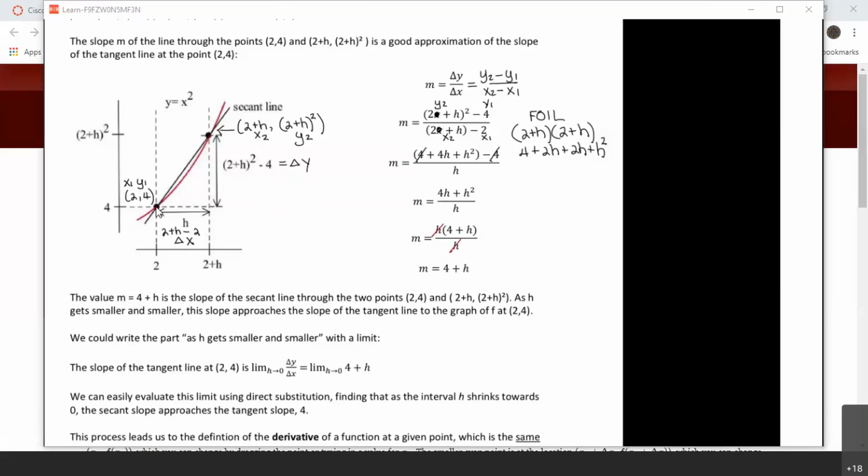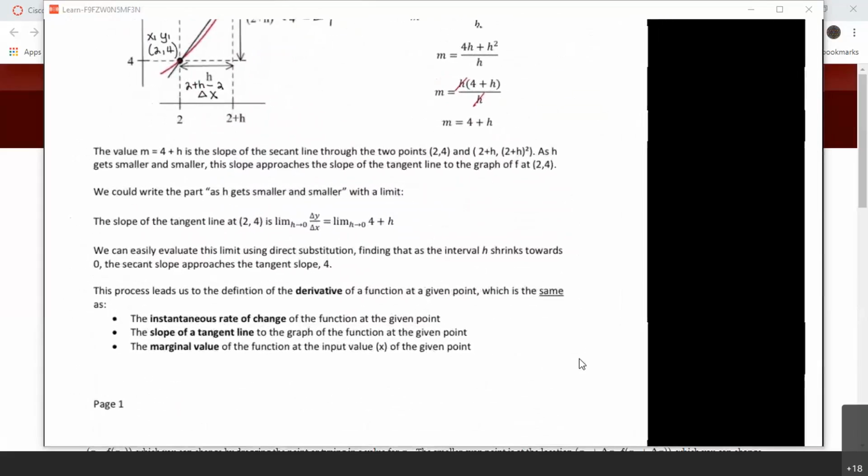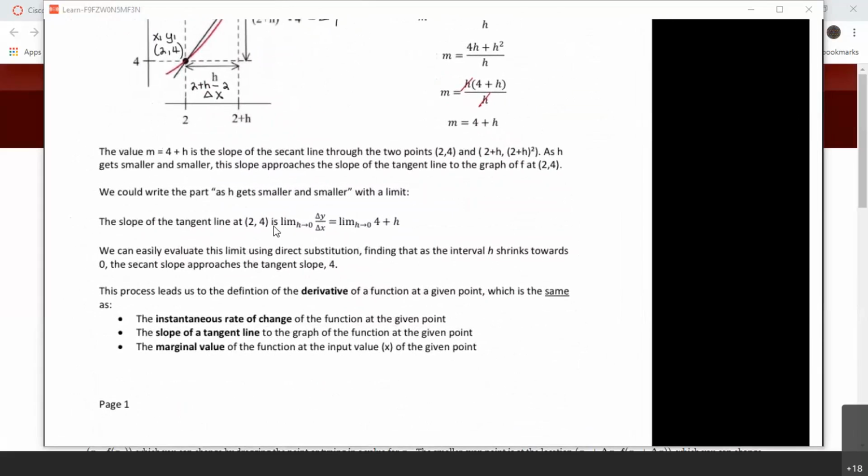I'm sure a lot of you are looking at it saying, yeah, well, it looks like the slope is going to be 4. And you're probably right, because again, h is going to get smaller and smaller and approach 0. So how do we write that? Well, we can write it as a limit statement.